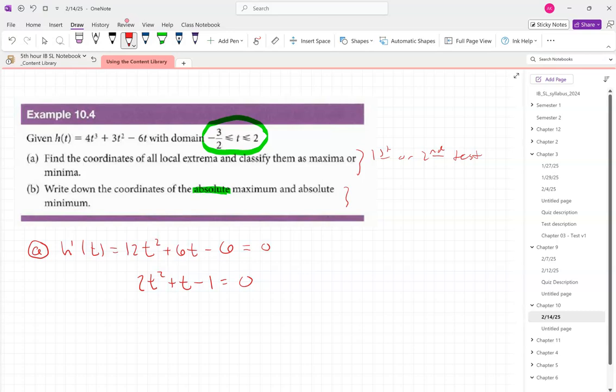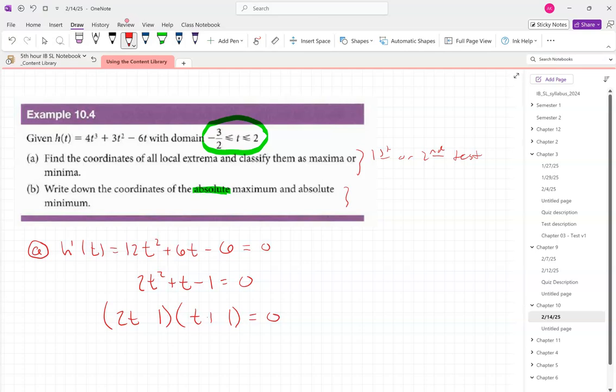Everybody's cool? And this one I'm going to solve by factoring because it should be pretty easy to do, because I know it's going to look like this. I just have to figure out where the positive and negative goes.